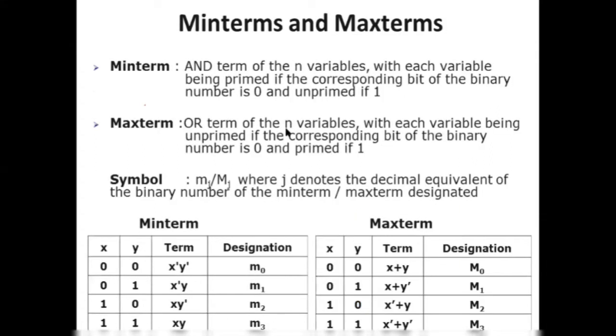And then about max terms and min terms. So why are we talking about max terms and min terms? Because for some equations, when you are asked to minimize some algebraic function, it's really difficult to use those algebraic postulates and theorems to minimize.